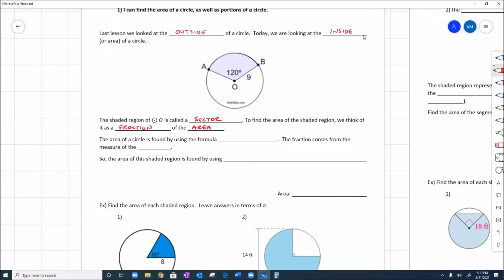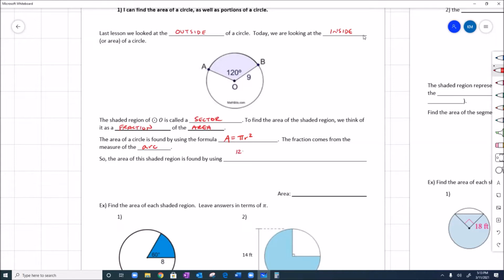To find the area of a circle, we use the formula area equals pi times r squared, where r is our radius. The fraction comes from the measure of the central angle or the arc, since they correspond.